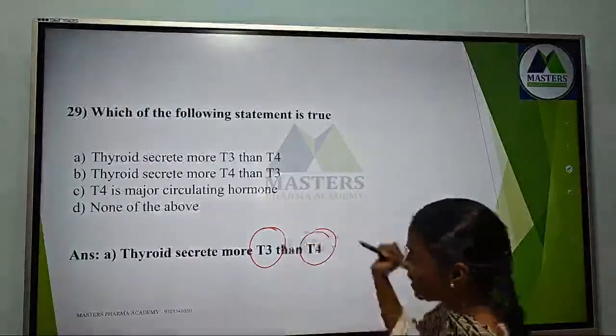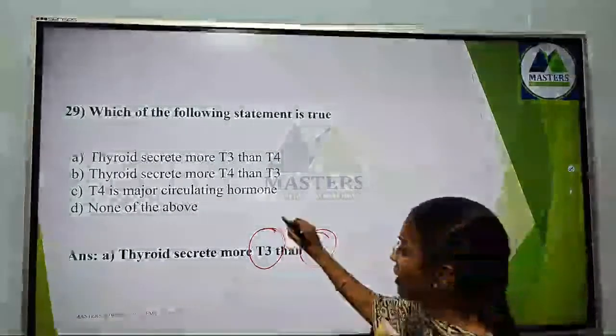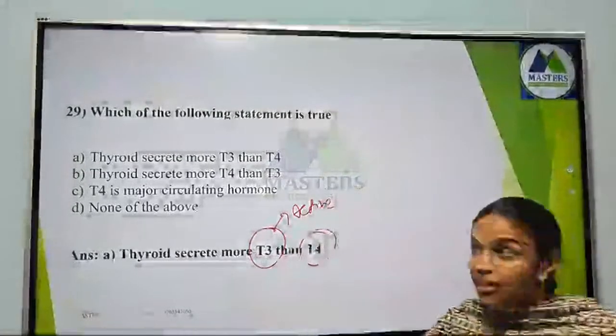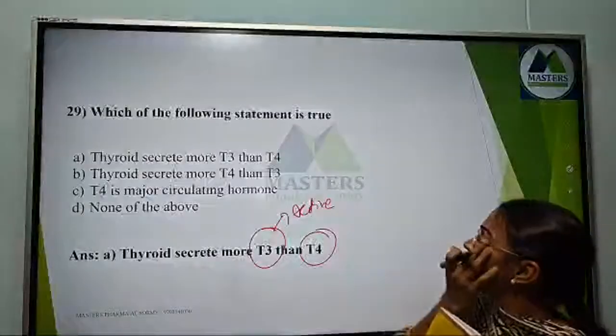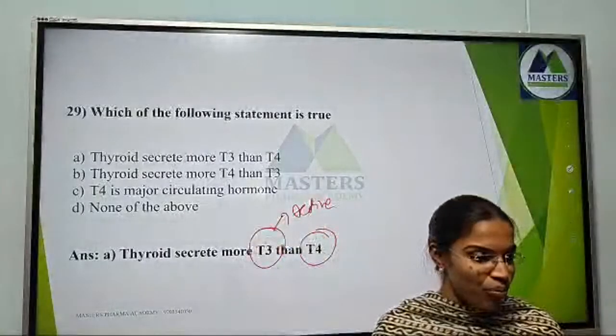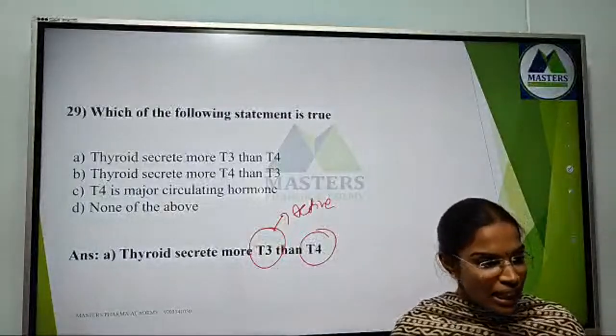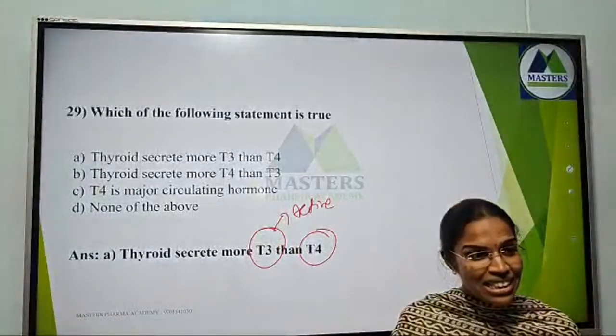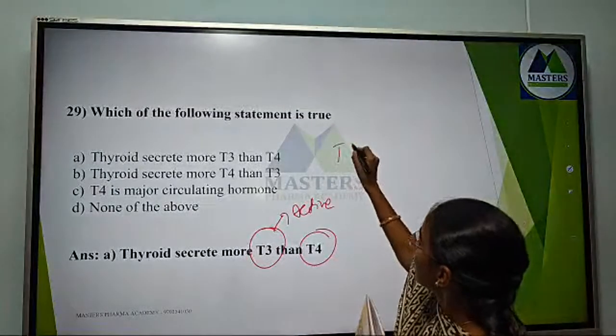Which is the active form, T3 or T4? Which one is more active? T3 is the more active form. If the question is which of the following is the more active form, then T3 should be the right option. T3 is the active form of thyroid hormones, but more secreted is T4.